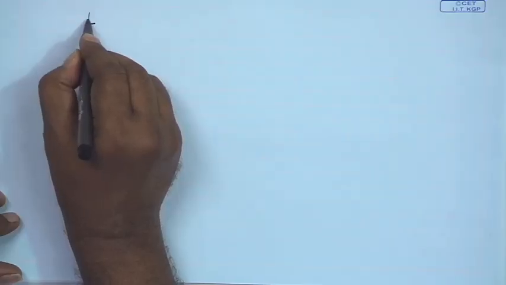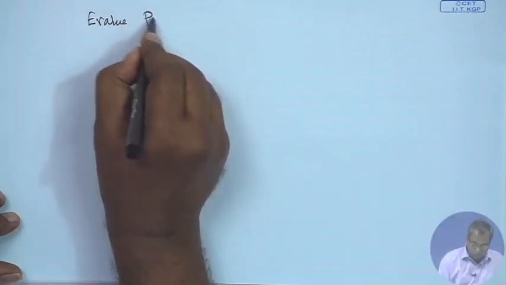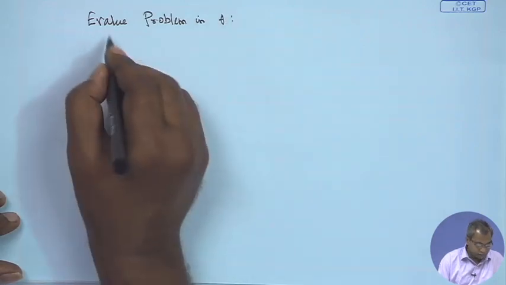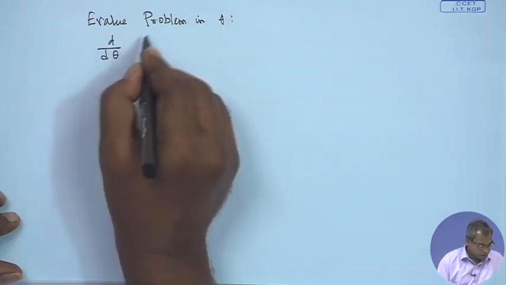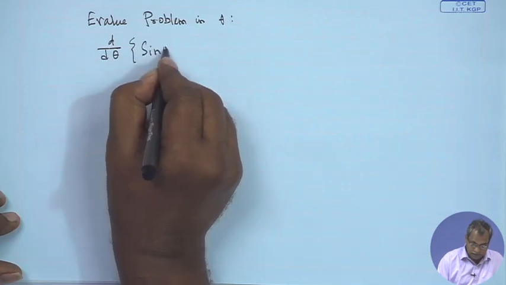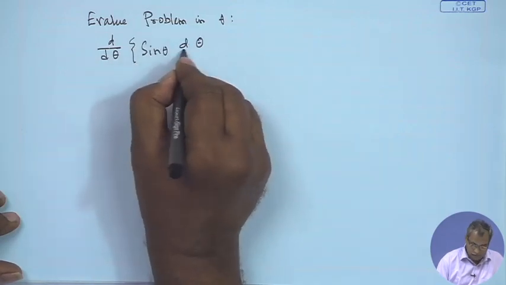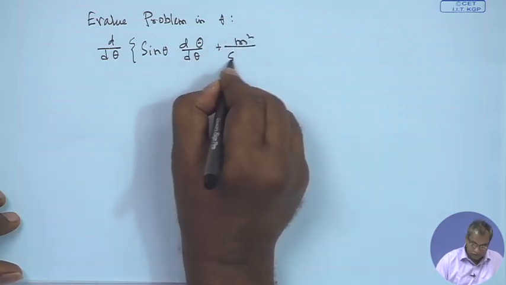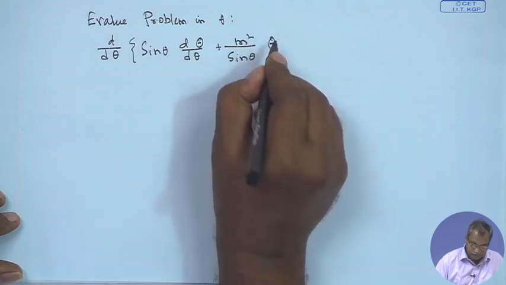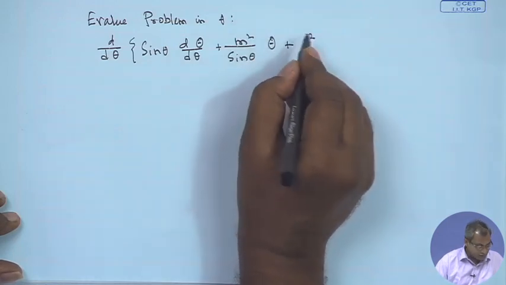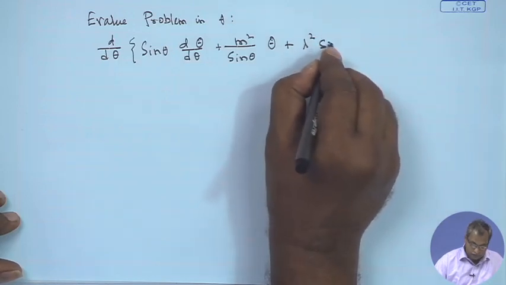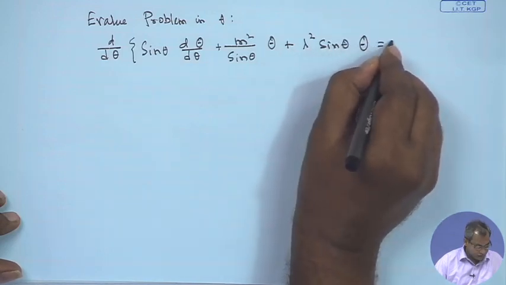If we do that, the eigenvalue problem in the theta direction becomes d d theta of sin theta d theta, plus m squared divided by sin theta, capital theta, plus lambda squared sin theta capital theta is equal to 0.